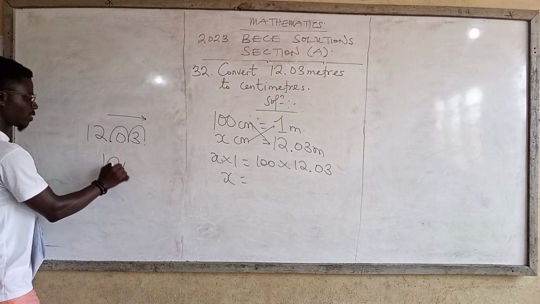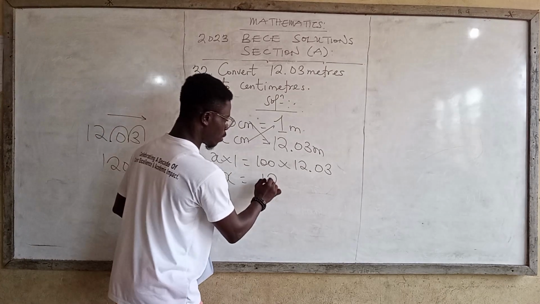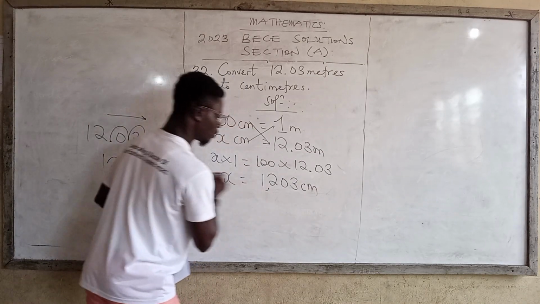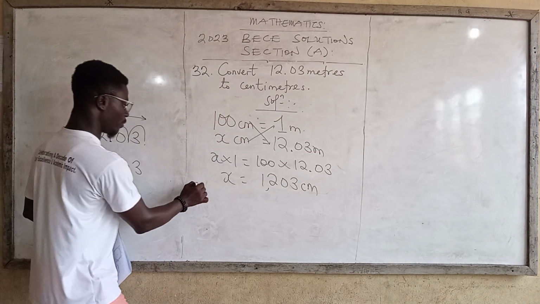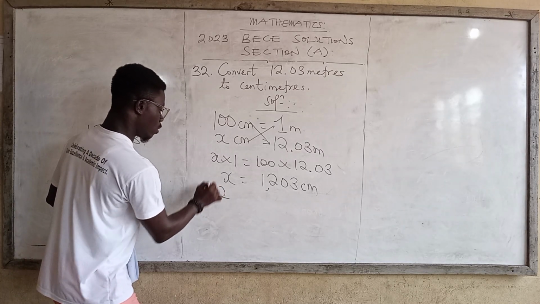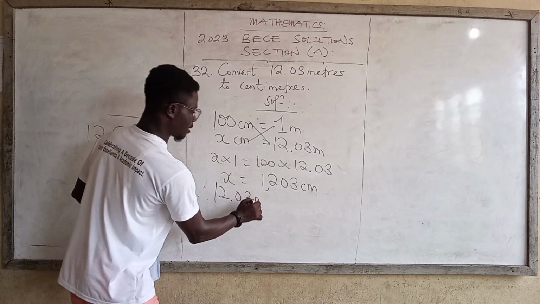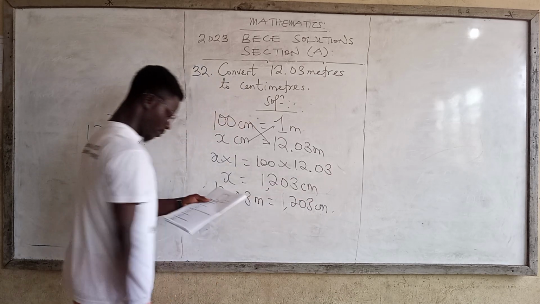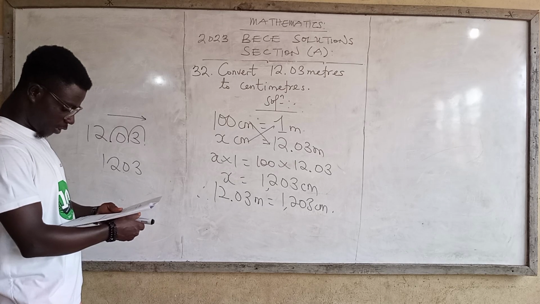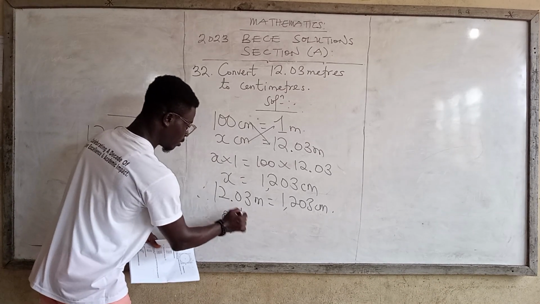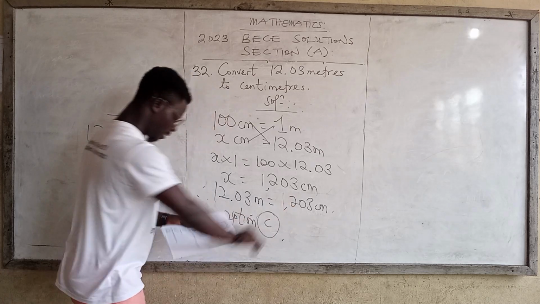So I have 1203 centimeters. So therefore, 12.03 meters is equal to 1,203 centimeters. So this is option C for CAT.